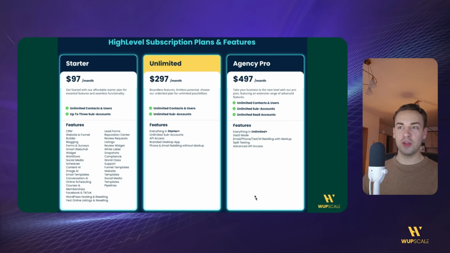While with HighLevel, you have access to the CRM, the website builder, funnel builder, creating blogs, workflows, social media scheduler. That's also another tool it replaces. And with the $97 plan, you also have unlimited contacts and users, and you can use it up to 3 sub accounts. I'll explain that later.